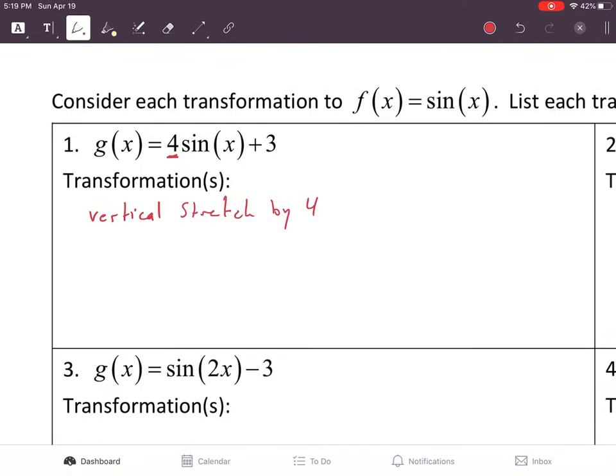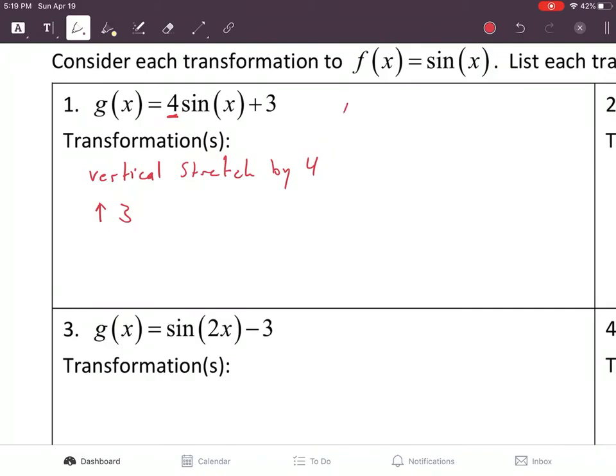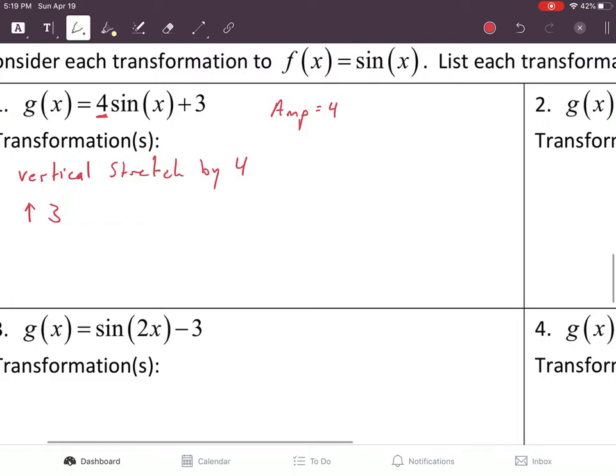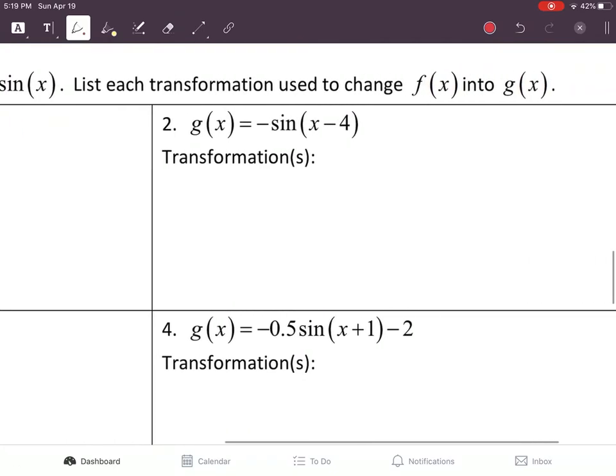And we have your whole equation going up by 3. Okay, the 4 is also, just so you can see this in the future, the amplitude of the equation is going to be 4, because that's the number in front of that sine function. Okay, that's not a transformation, but it is a piece of information that we've already looked at.